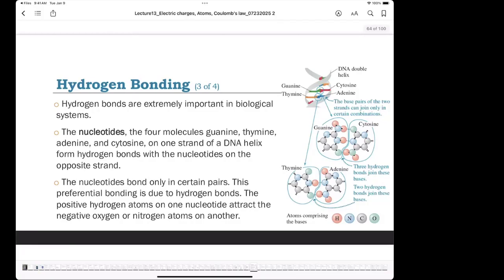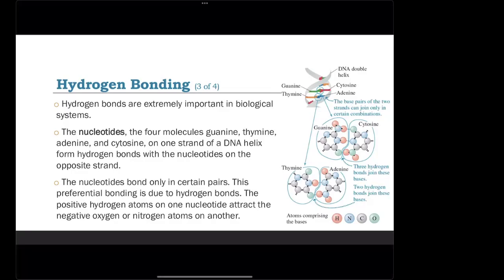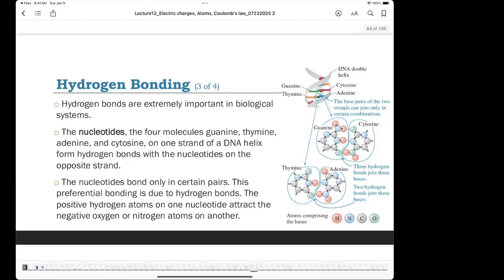The nucleotides bond only in certain pairs. This preferential bonding is due to hydrogen bonds. The positive hydrogen atoms on one nucleotide attract the negative oxygen or nitrogen atoms on another.